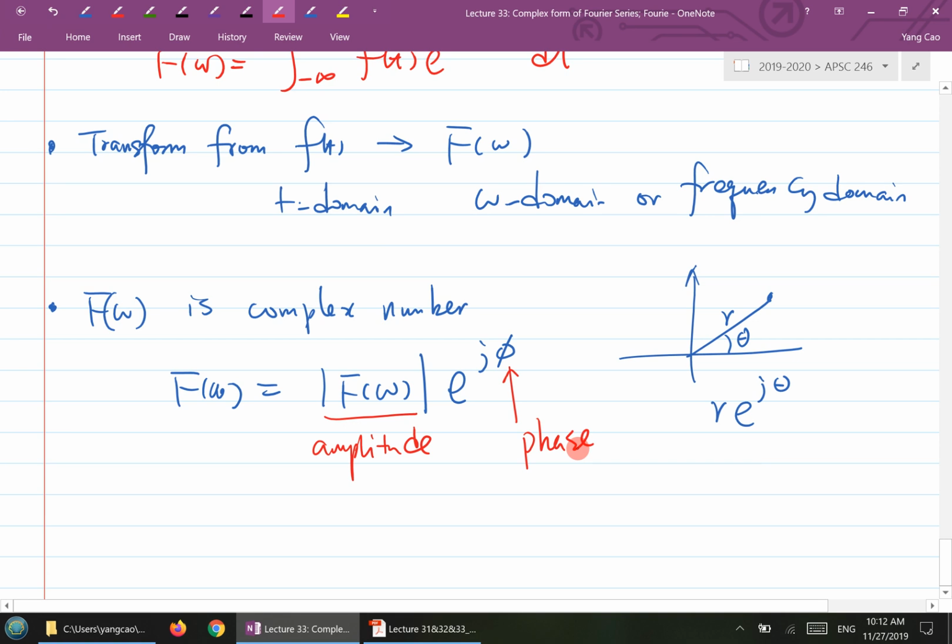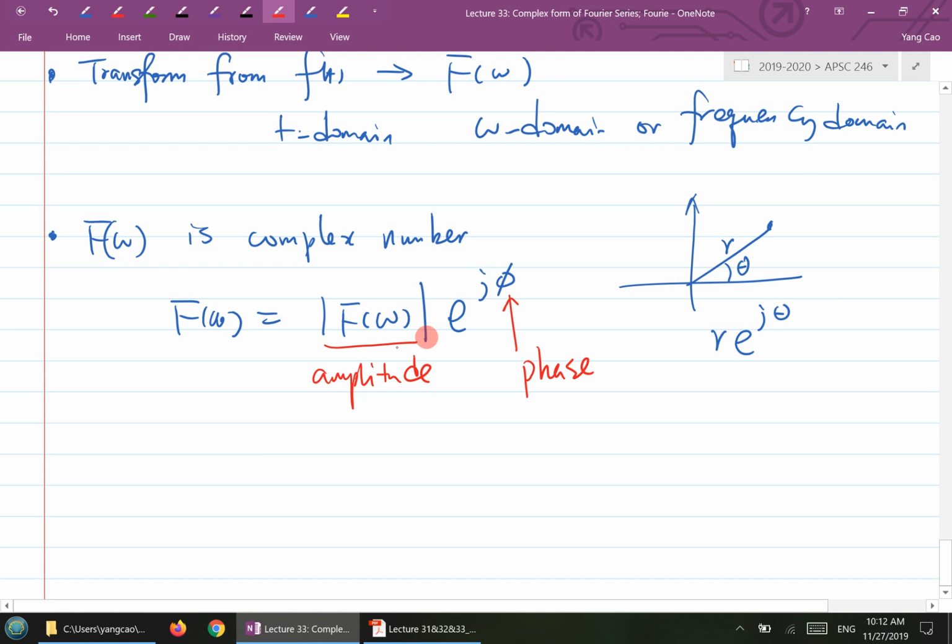With the transformation from t domain to the omega domain, you got two new pieces of information hiding behind this time signal. One is the amplitude, the other is the phase versus omega. So both of these can be plotted versus omega.